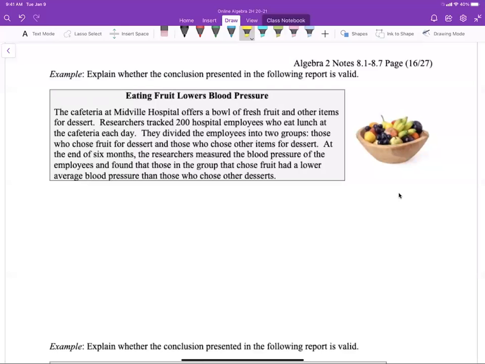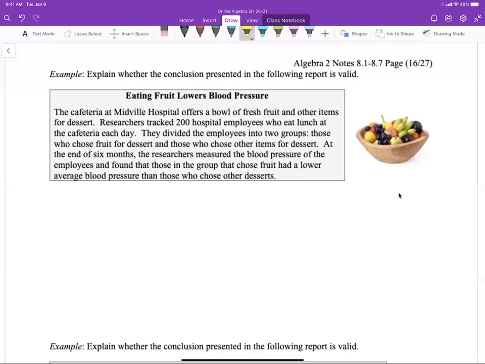They divided the employees into two groups, those who chose fruit for dessert and those who chose other items for dessert. At the end of the 6 months, the researchers measured the blood pressure of the employees and found that those in the groups that chose fruit had a lower average blood pressure than those who chose other desserts. And that is their claim or their data to show that eating fruit lowers blood pressure.